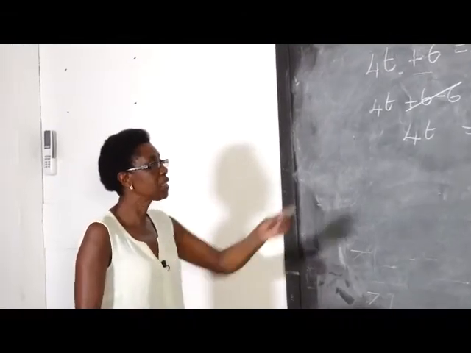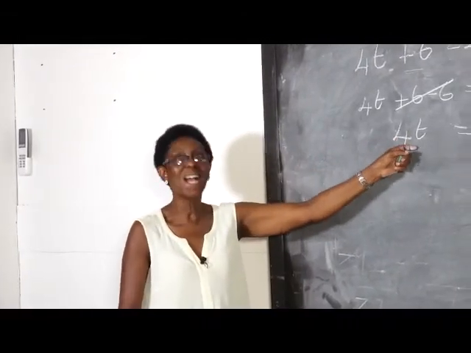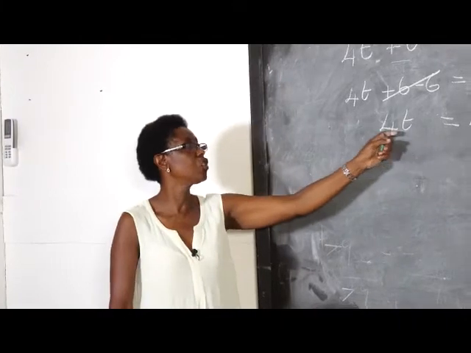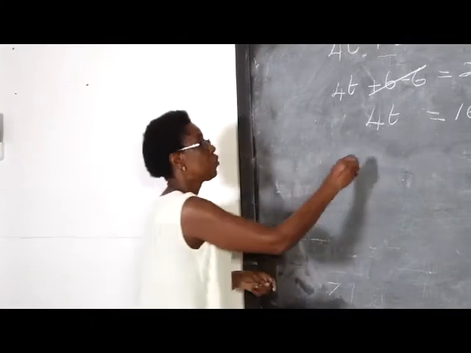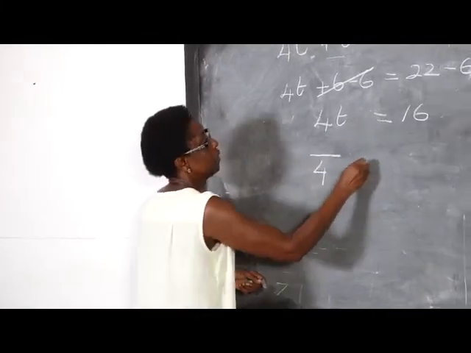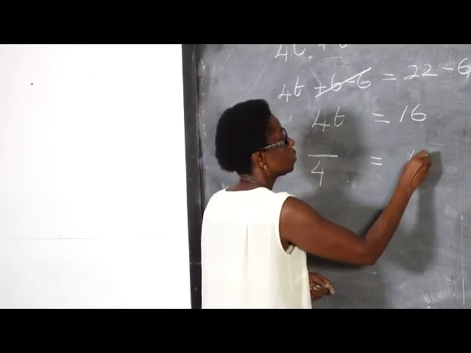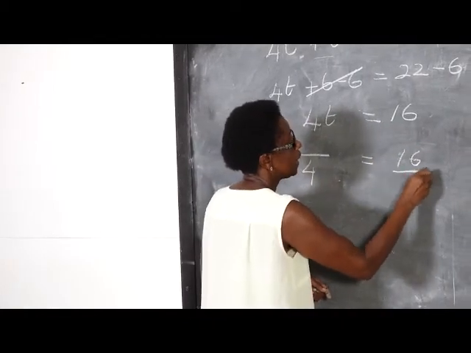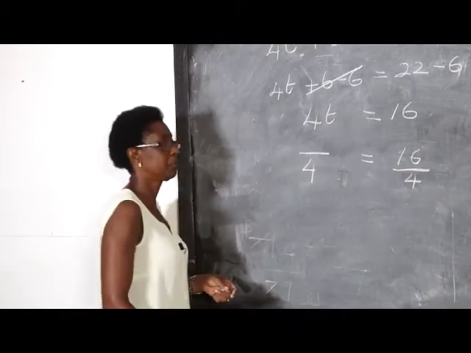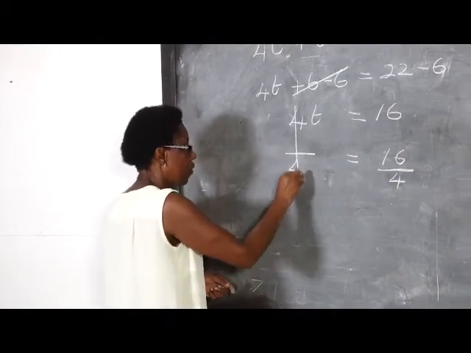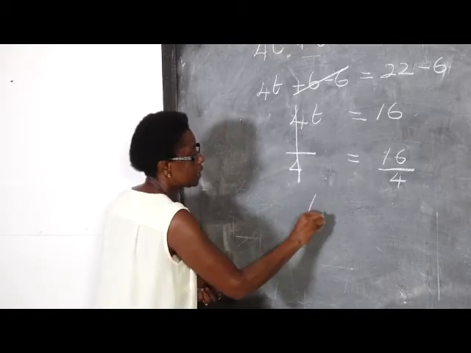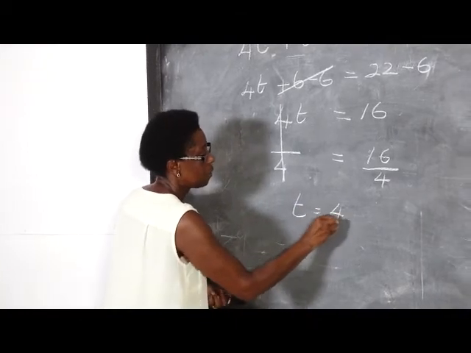Now the next bit, that's 4 times the t. The opposite of times the 4 would be divide the 4. Whatever you do to this side must be done to this side. So you've got 16 divide the 4. Okay? So this cancel. You've got t equals to 4.